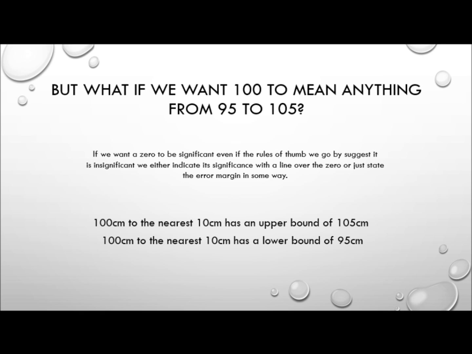So 100 centimetres to the nearest 10 centimetres has an upper bound of 105 centimetres and a lower bound of 95 centimetres. As you can see, there's no universally accepted consistent way of indicating that a 0 is significant. All you can do is try your best to be clear in your communication.